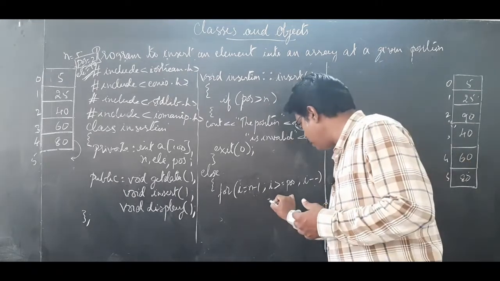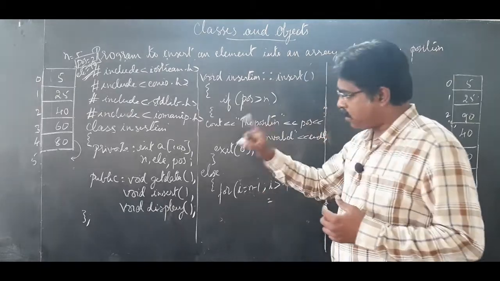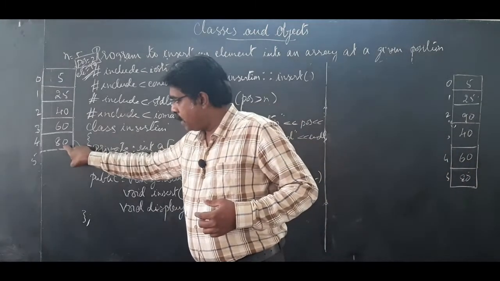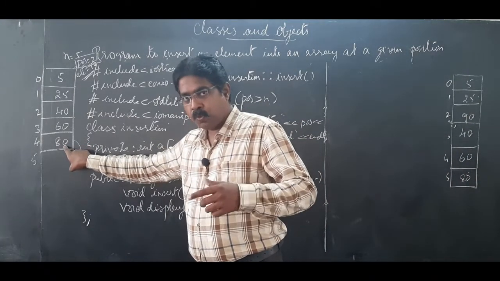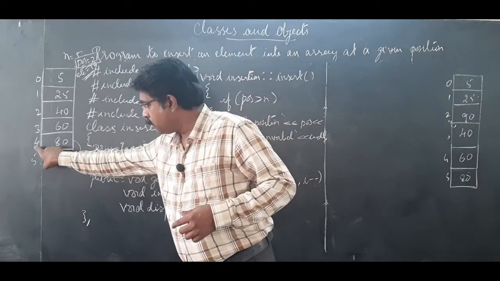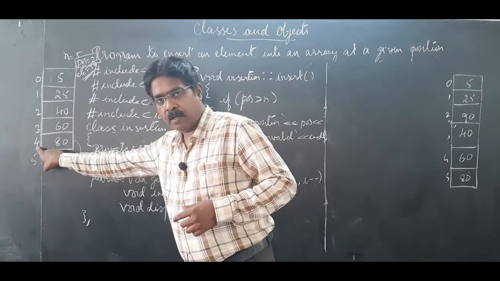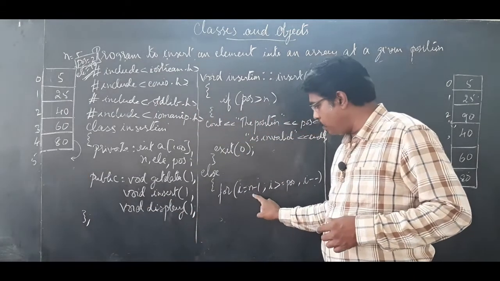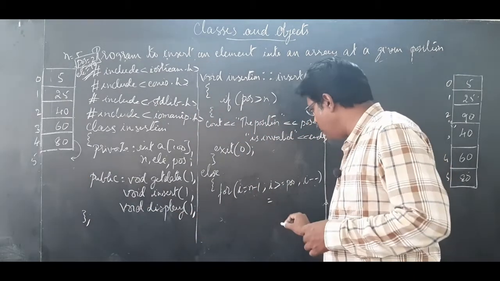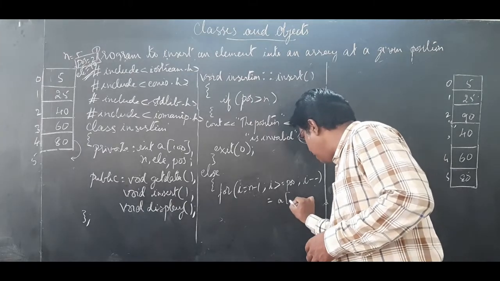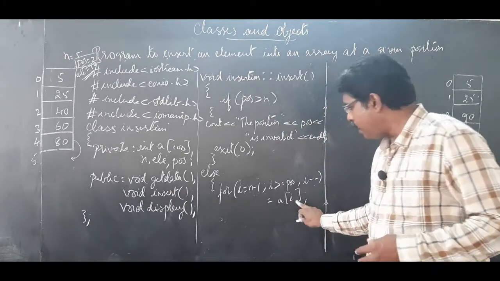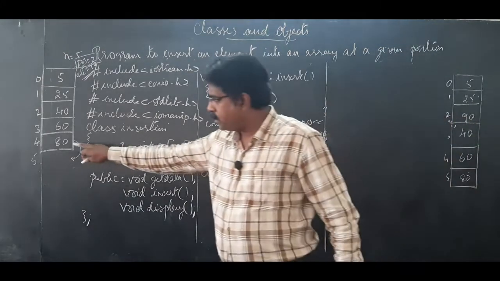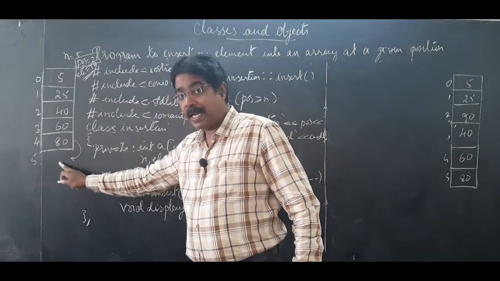Then how to move? Let us try to move the first. First element is this for us to move. So 80 we have taken under fourth index. So I equals 4. How did you get 4? 5 minus 1. So A of I. A of 4, what is A of 4? 80, should be shifted to the next position.